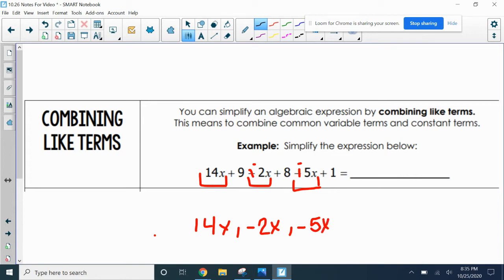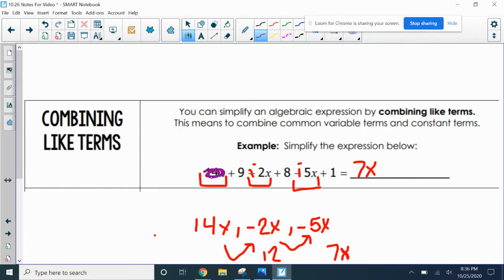Those seem to be all my terms that have an x in them. Well, 14 minus 2 is 12, minus 5 is 7. And keep the x. So you treat the coefficients the same as you would if it was 14, negative 2, and negative 5, but you keep that x attached. So I have 7x.